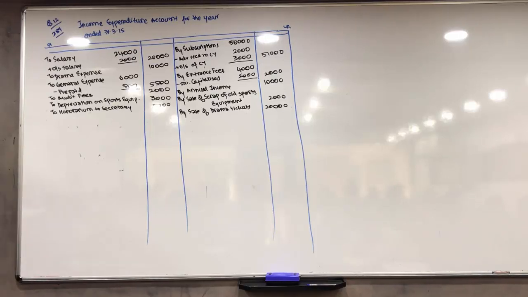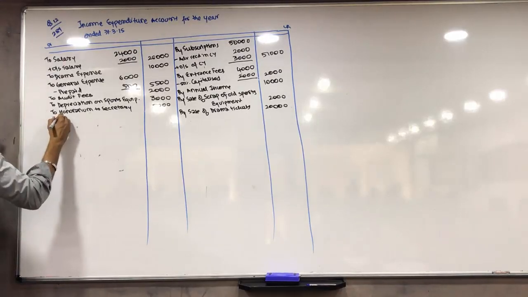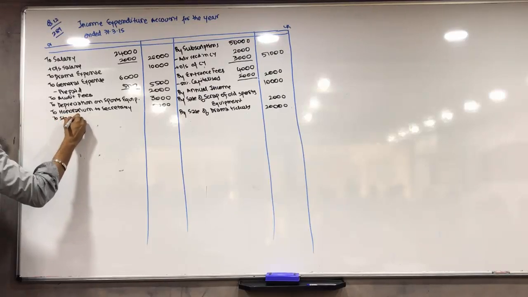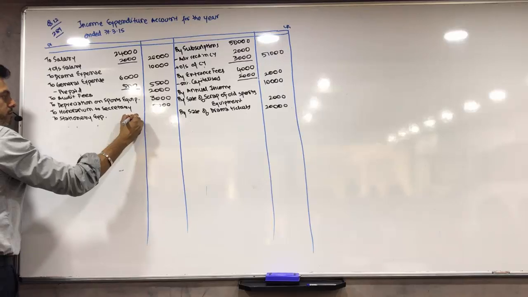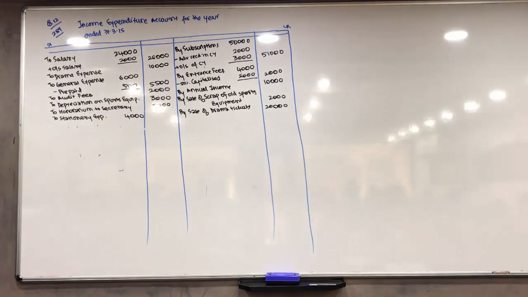Stationery expense 4,000, inner column. What will we minus from stationery expense of 4,000?